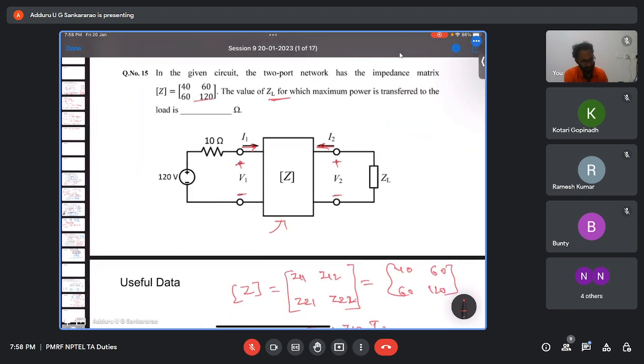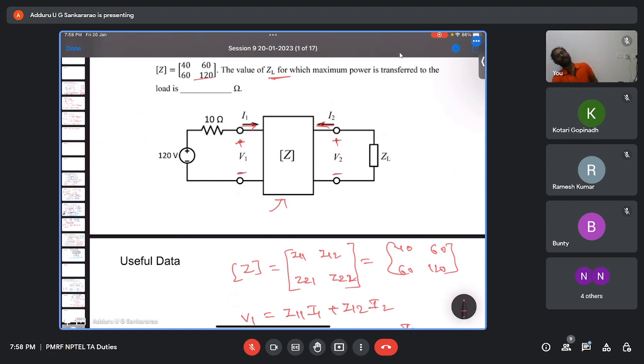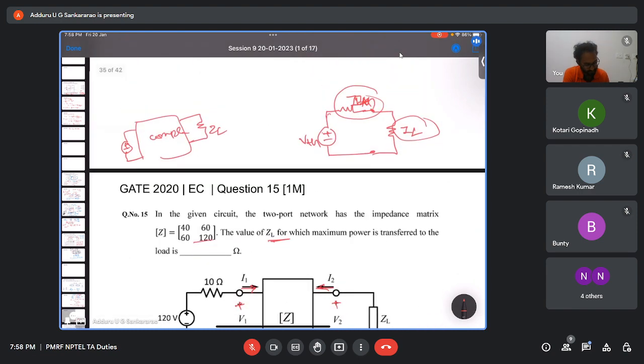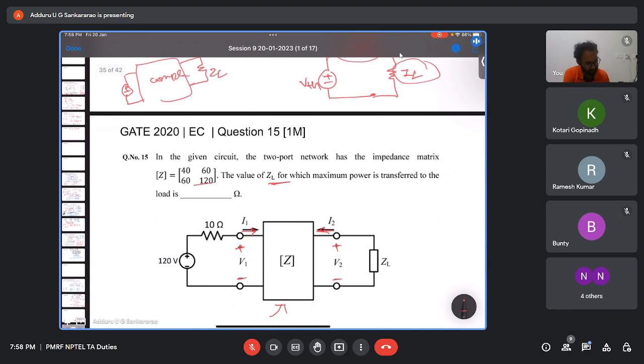Now, how do we find the Thevenin's equivalent? What is the condition? The maximum power is transferred when ZL is equal to ZTH.